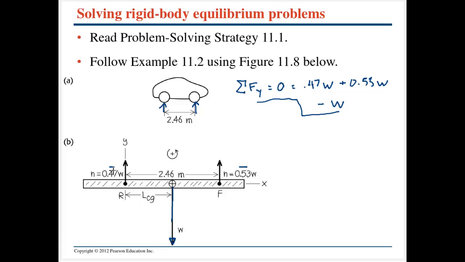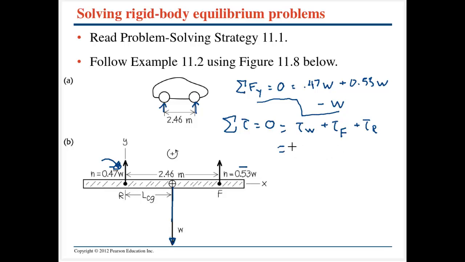What we can do is we can say, I want to calculate the sum of the torques here. Equilibrium tells me that these must be equal to 0. I can calculate them about whichever point I want. Here I'm just going to pick the rear wheels. So the sum of the torques is going to be the forces multiplied by the distance. So you're going to get a torque from the weight and then a torque from the front wheels, as well as the torque from the rear wheels.